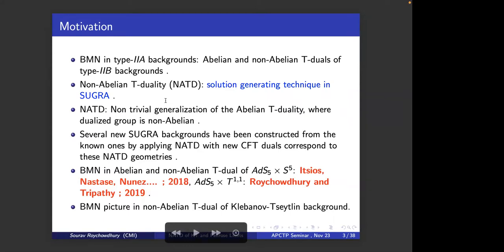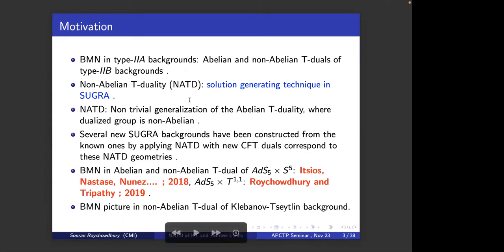One can consider some known type 2B compactifications like AdS5 x S5 or the Klebanov-Tseytlin background, apply the non-abelian T-duality formalism, and end up with new type 2A or type 2B solutions. These solutions have new boundary dual CFTs.